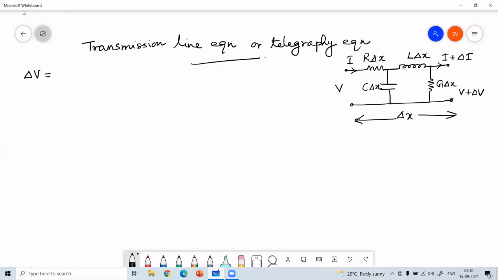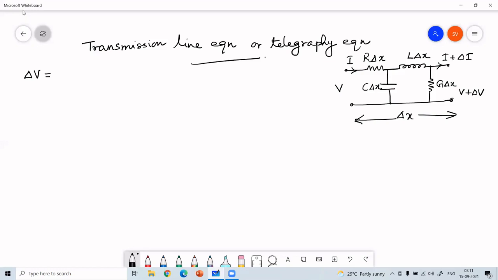Here, the potential drop is due to the presence of that series resistance and series inductance. So while considering that difference in voltage, it is equal to current into resistance. Resistance here means the impedance offered by that series LR circuit.